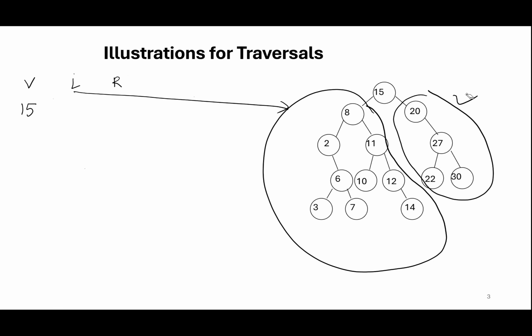Let's see how the left traversal works. So this is the left. Now, this is again a DFS, so what do we do? This left actually means we again do visit, left, right. Visit means we go to 8 first. What does left mean now?